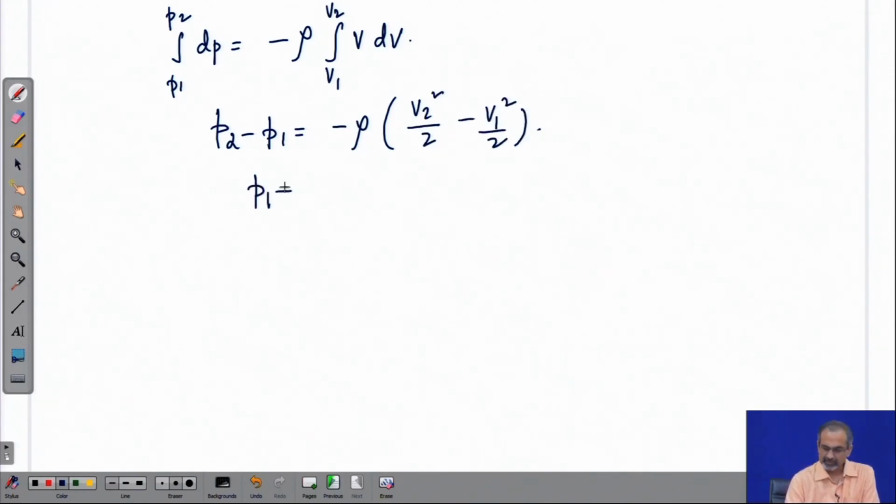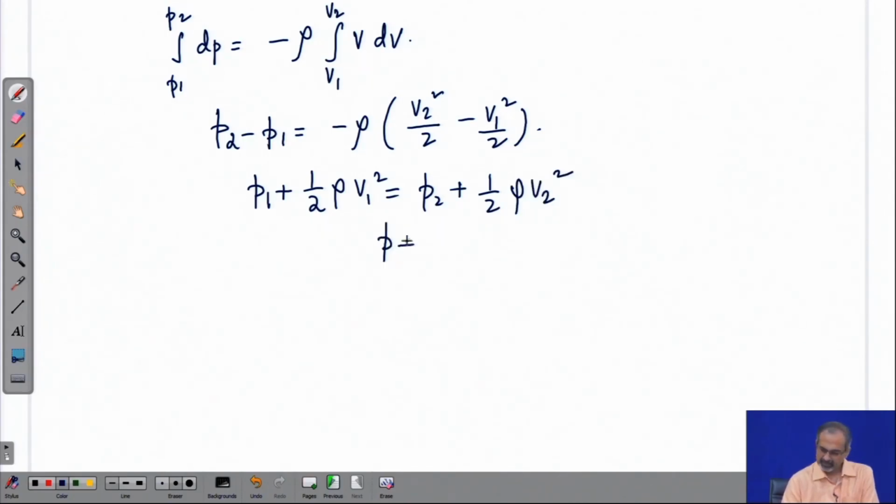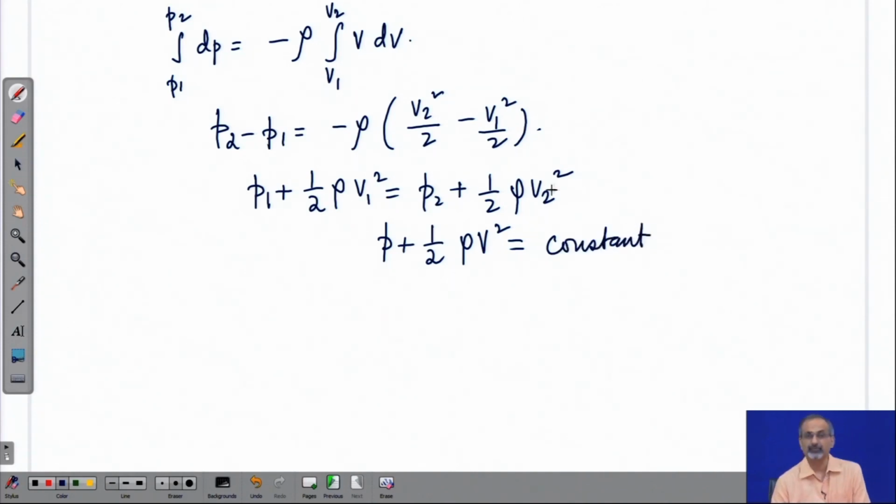You rearrange and you get, so it is telling you that p plus half rho V square is a constant in the flow field.